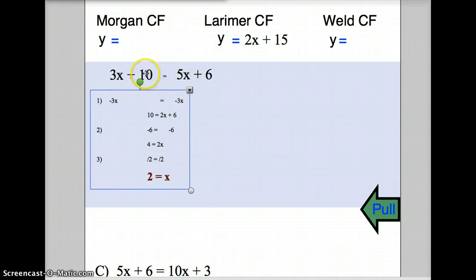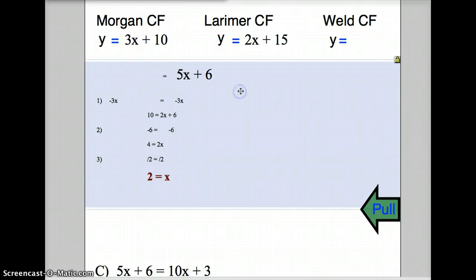But as you should know, I'm not done. I need to plug into the Morgan County Fair. So the Morgan County Fair was 3x, and x in this case is 2, plus 10. Let's see, 3 times 2 is 6, plus 10 is 16. So in this case, y equals 16. In fact, if I did this right, I probably should have a y in there for each of these.